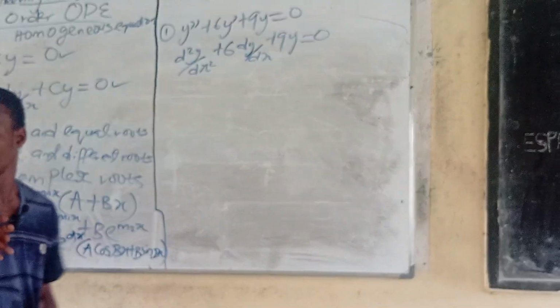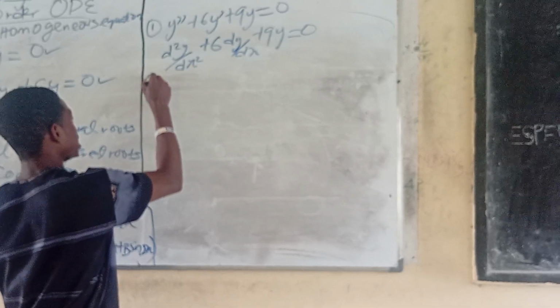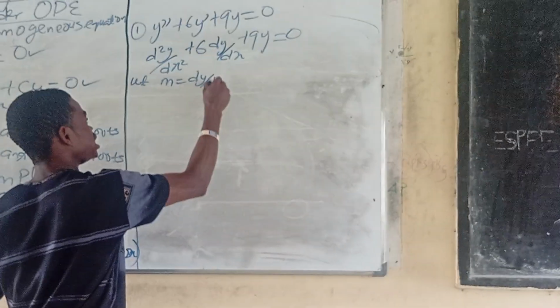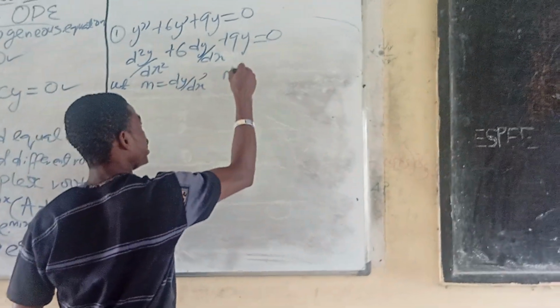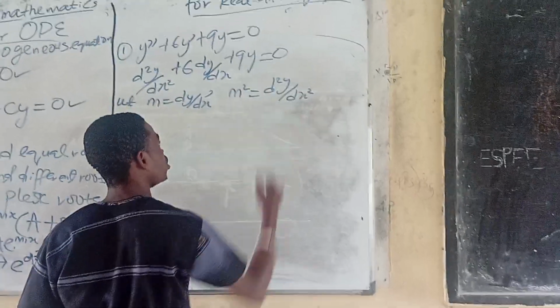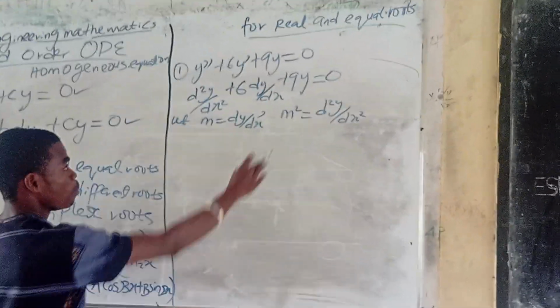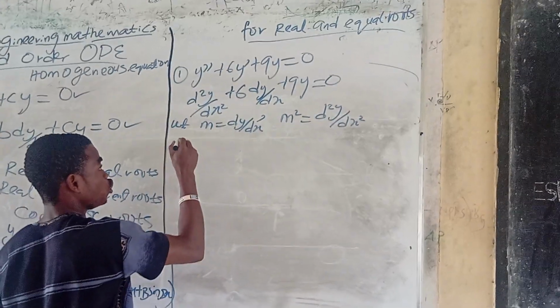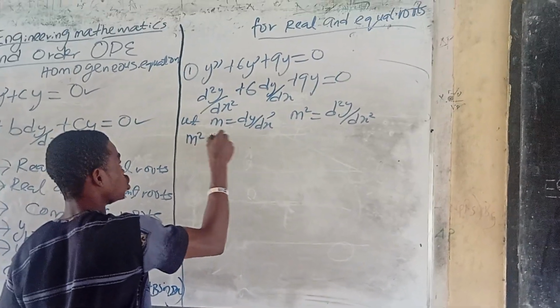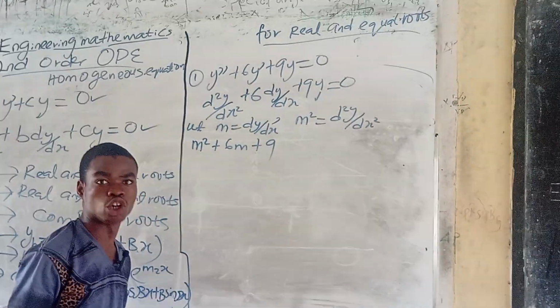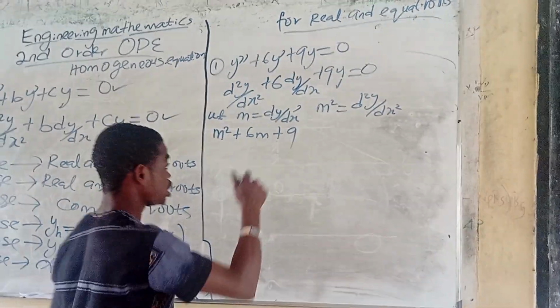Now, what's the next step? The next step, let m equal dy/dx. Then m squared equals d²y/dx². Okay? Now, put this into the original equation. So you get m squared plus 6m plus 9. Don't bring in this y. It's a constant, okay?